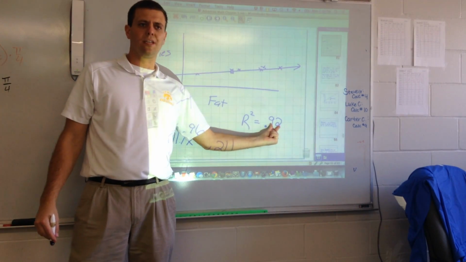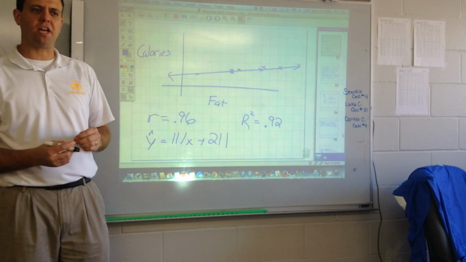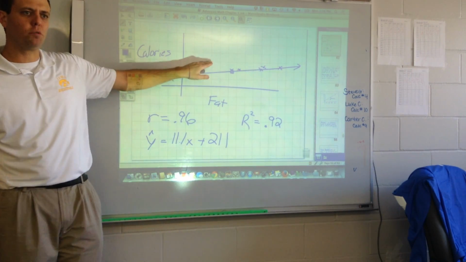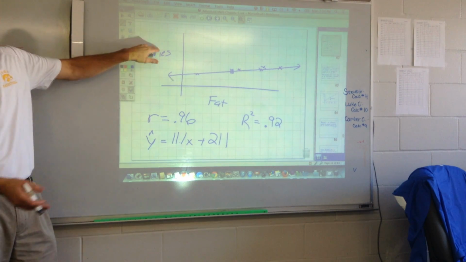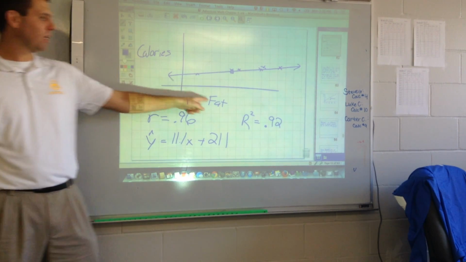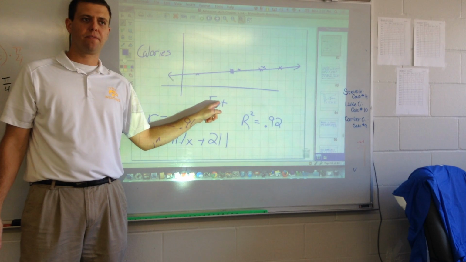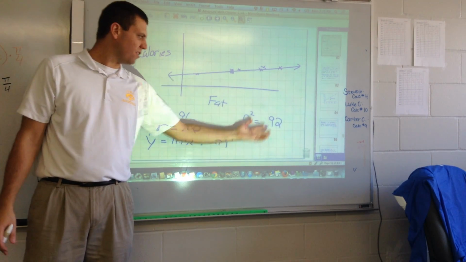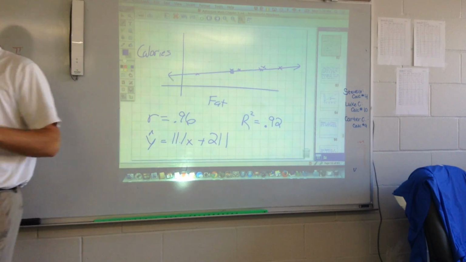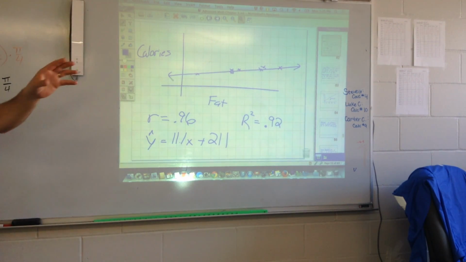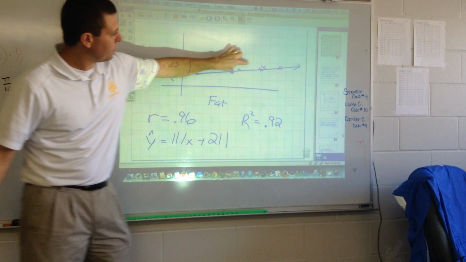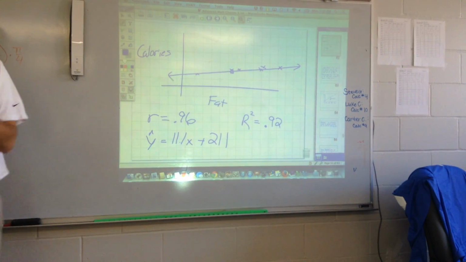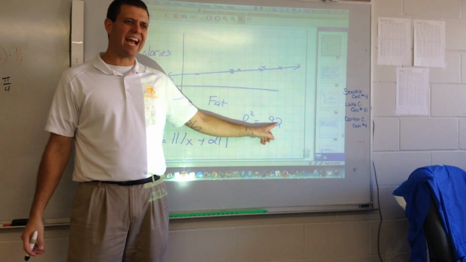This is telling me that 92% of the variability in the calories can be attributed to fat. It is caused essentially by the amount of fat. The other 8%, there are probably different factors causing the variability in the calories. That's how I would interpret this.